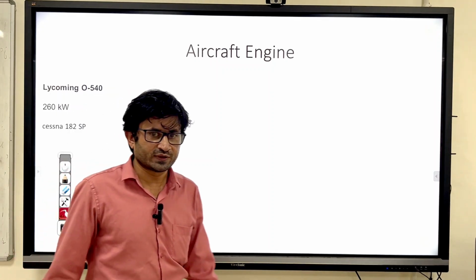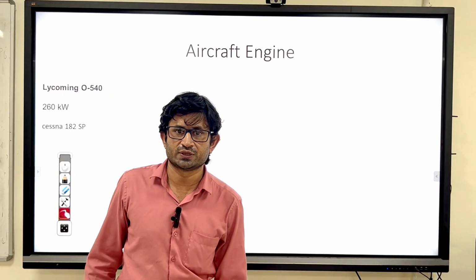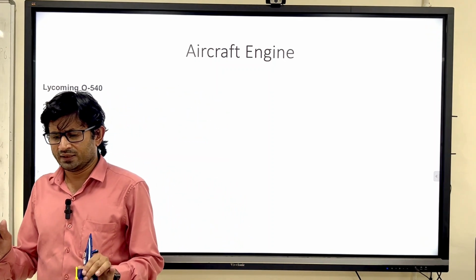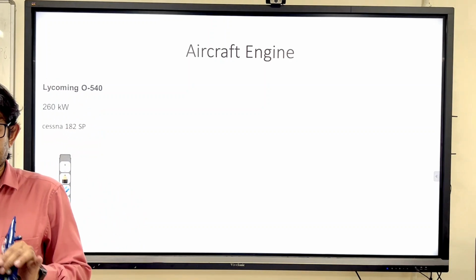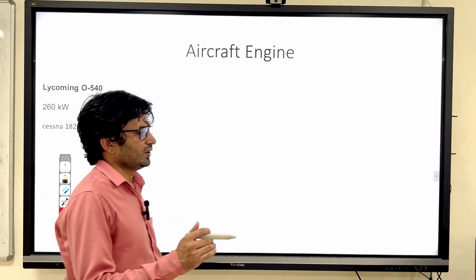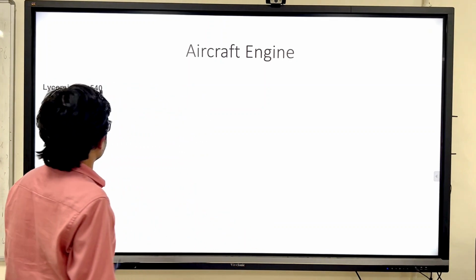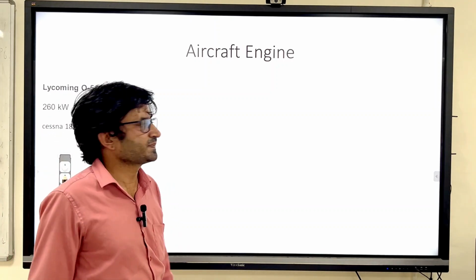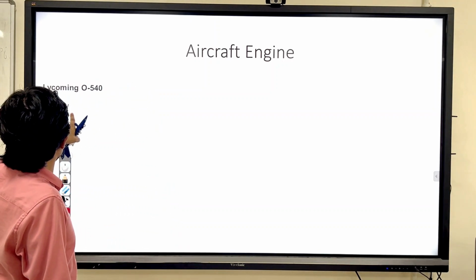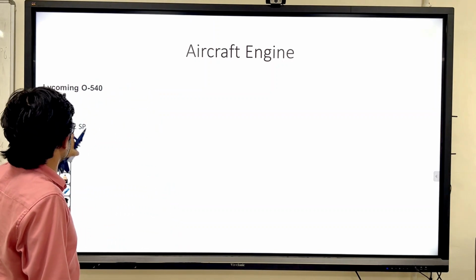The aircraft we have designed so far is in the 1238 weight class, roughly belonging to that in terms of weight. If I talk about the Cessna 172 SP, it uses a Lycoming engine which can produce 260 kilowatt.